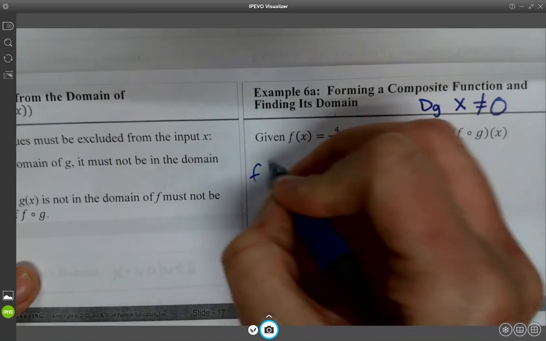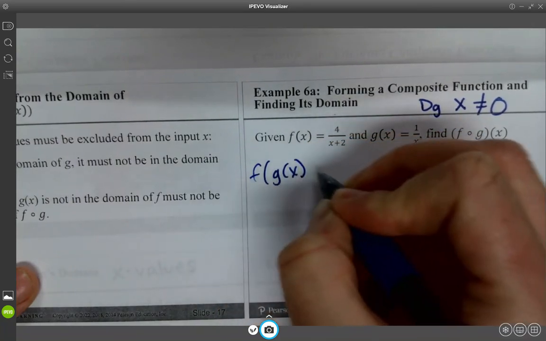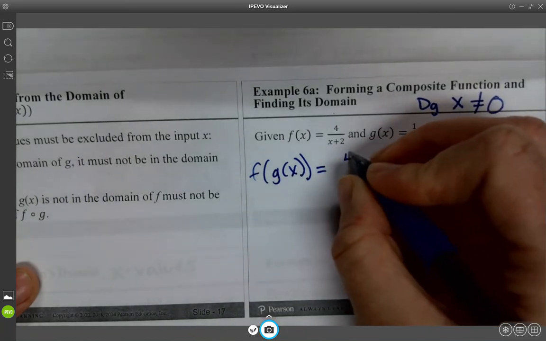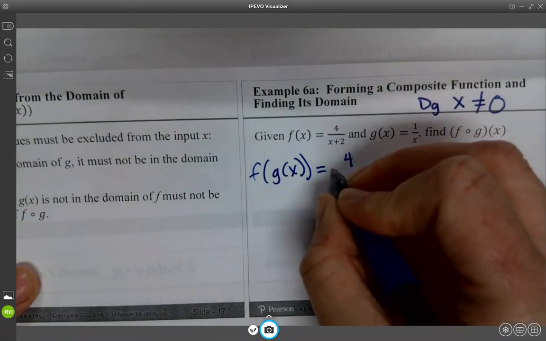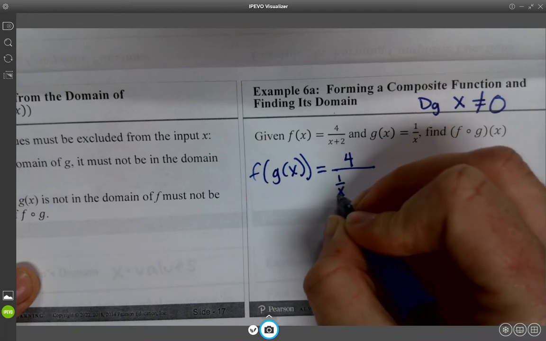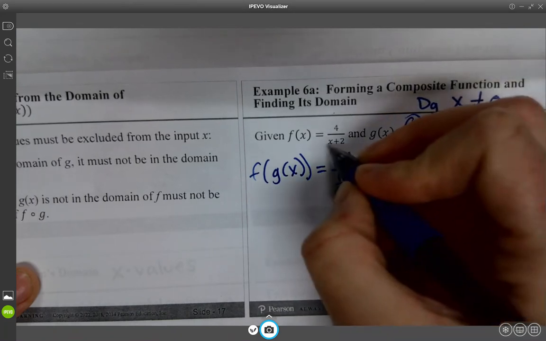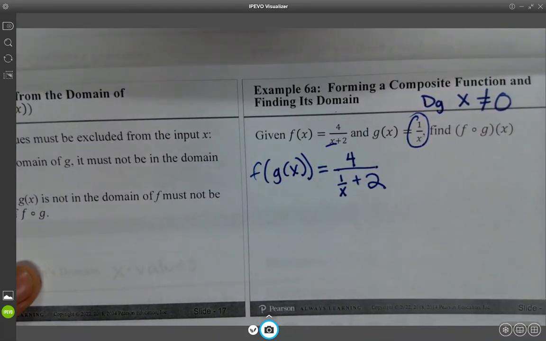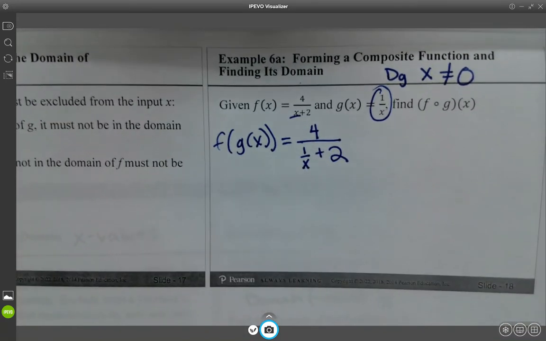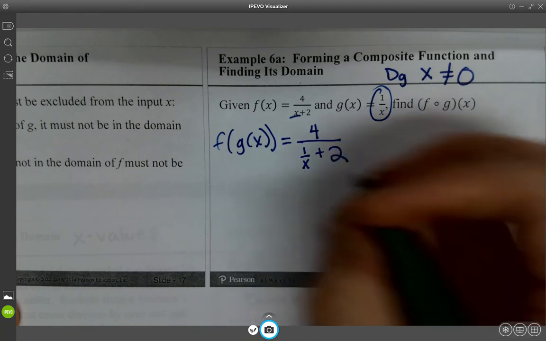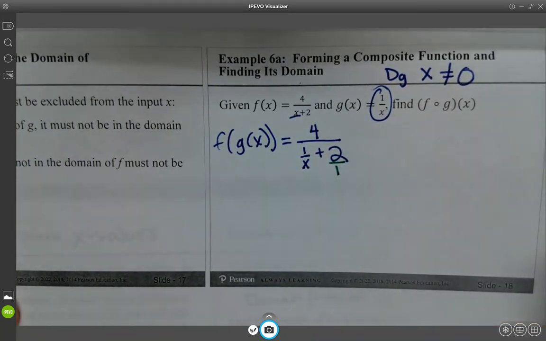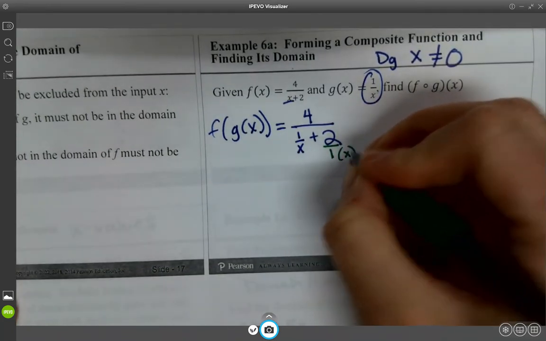Now we're going to do f of g of x. So we would do 4 over 1 over x, because this is what I'm plugging in for x, plus 2. Well, I need to simplify that. You know, we all love fractions. But we would want a denominator of x. This is over 1 right now. So we would multiply top and bottom by x.